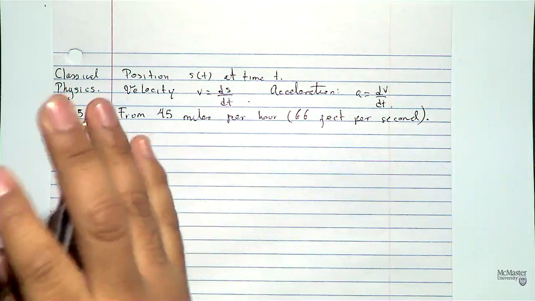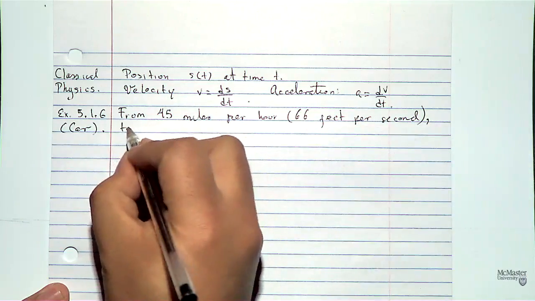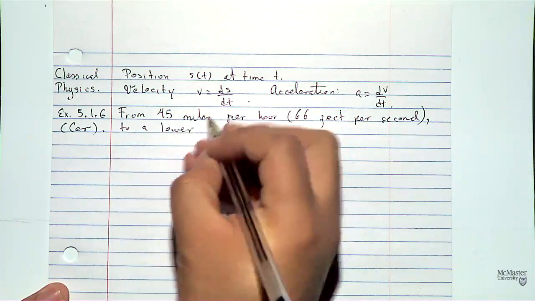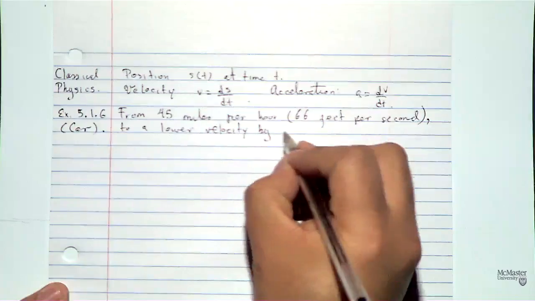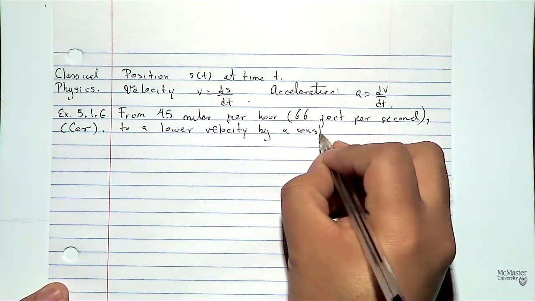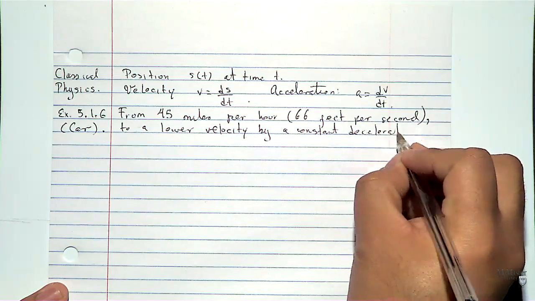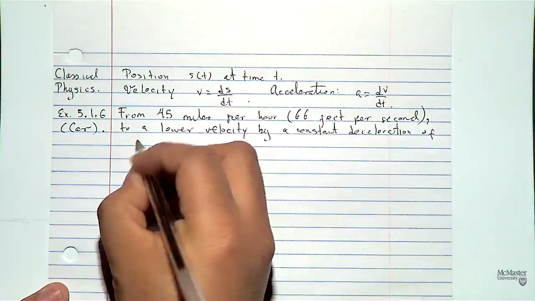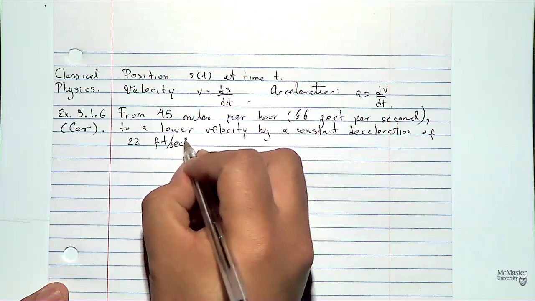And then that is the velocity that you start from. And you go to a lower velocity by a constant deceleration of 22 feet per second squared.